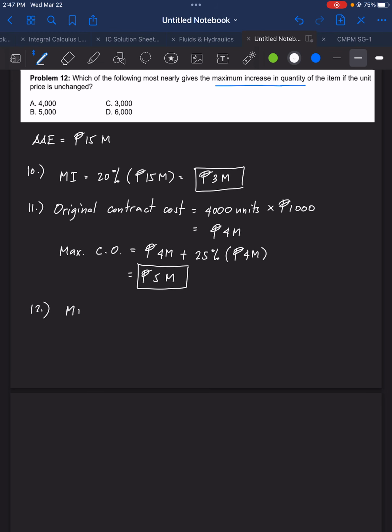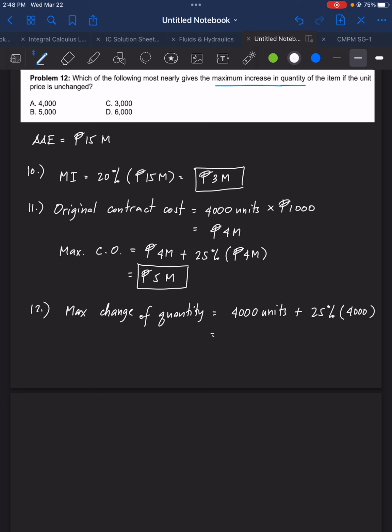So, for the maximum change of quantity, that is equal to 4,000 units plus 25% of the 4,000 units.